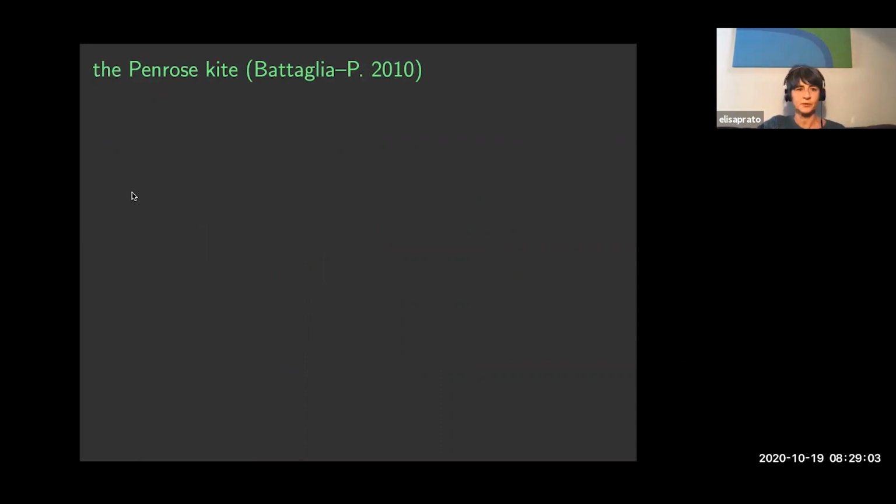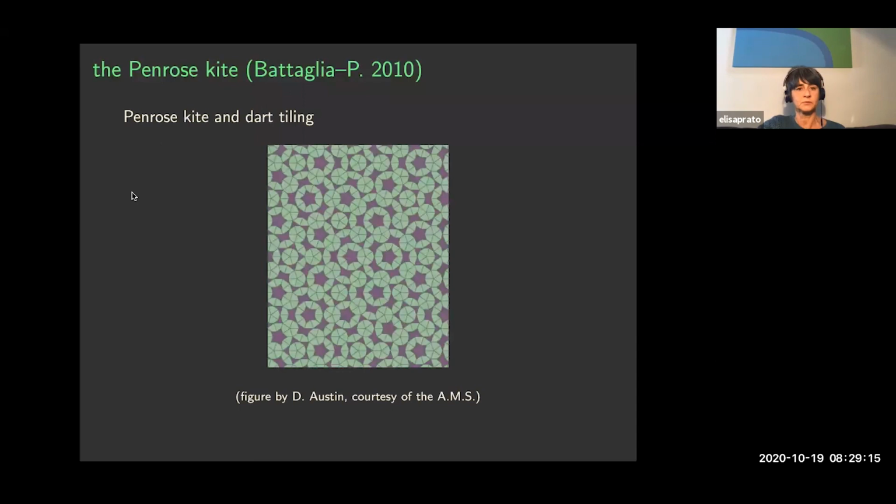As I said before, a lot of inspiration in the subsequent years came to us from Penrose tilings. We worked with the rhombus tilings, but I'm going to speak about the kite and dart tiling here, which we also worked on. And this is a picture of this tiling.